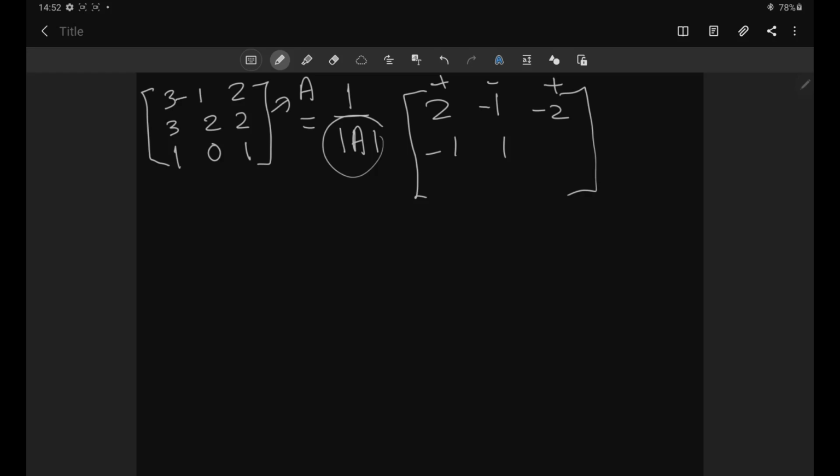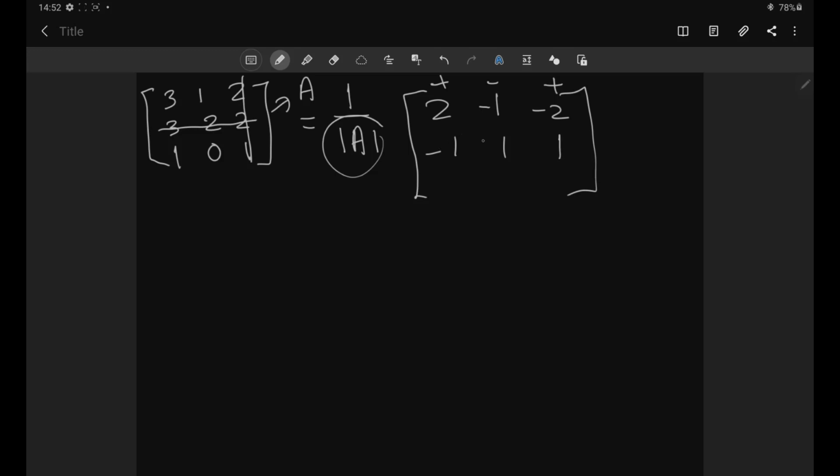And then the third one here, 3 times 0, 0. 1 times 1 equal to 1.